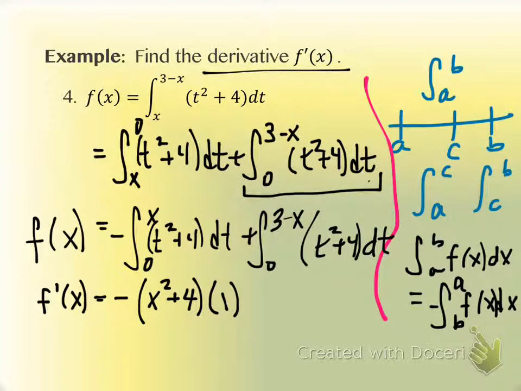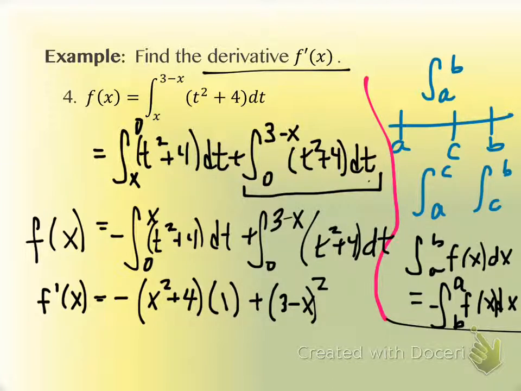All right, the next one, again, looks a lot like the one that went from whatever the number was up to sine x. I've got 3 minus x on top, though. So what am I supposed to do? What's the first step? Plug it in, right? I need to plug in the 3 minus x for what? T squared. So I'm going to have 3 minus x squared.